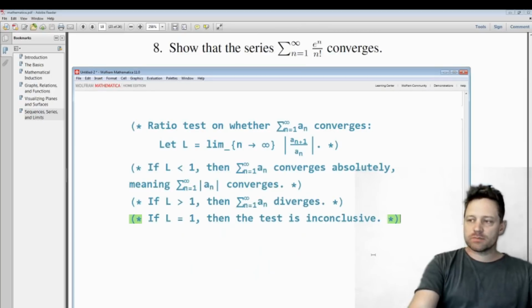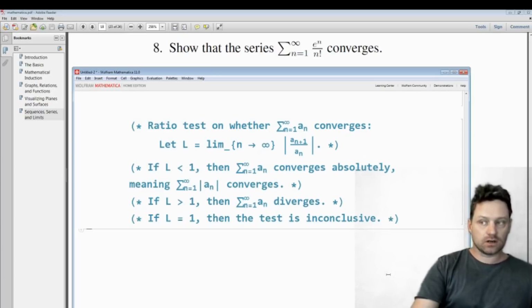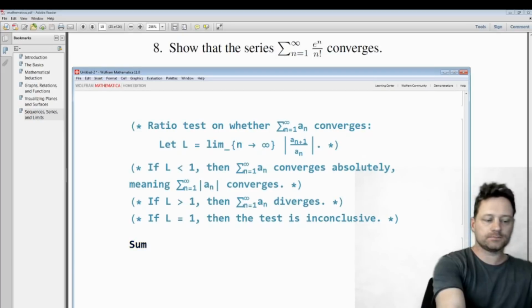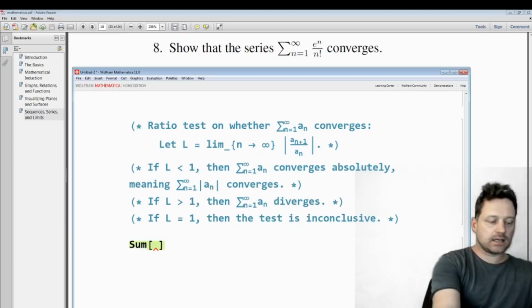But first, before we do that, let's just calculate using Mathematica the first few terms of this series. We can enter this using Sum, and let's say we'll take this from 1 to 10.